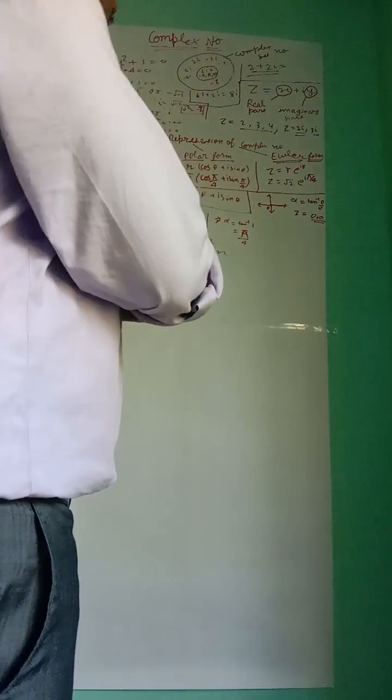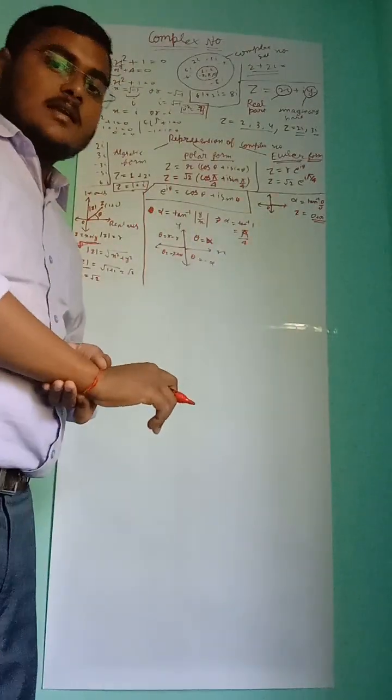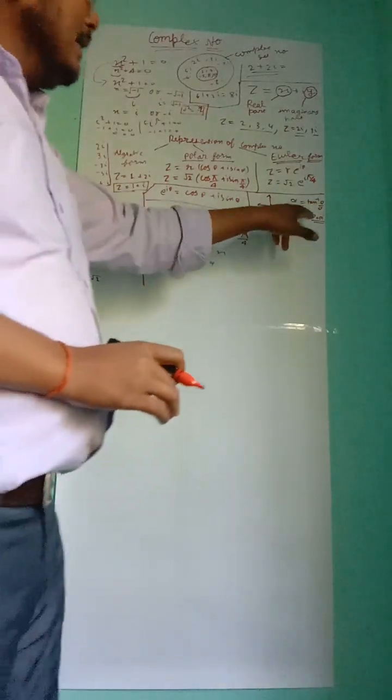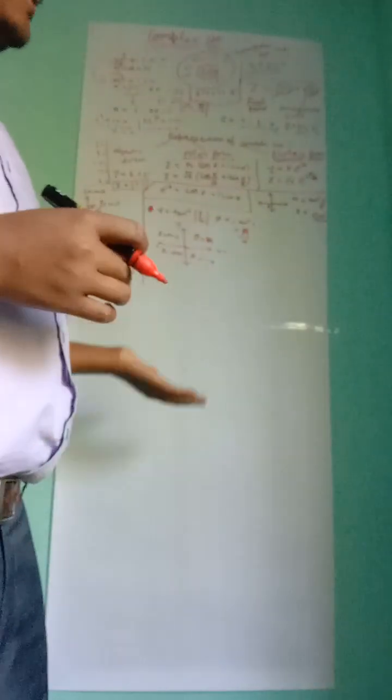One more thing: 0 is the only complex number that is both purely real and purely imaginary.